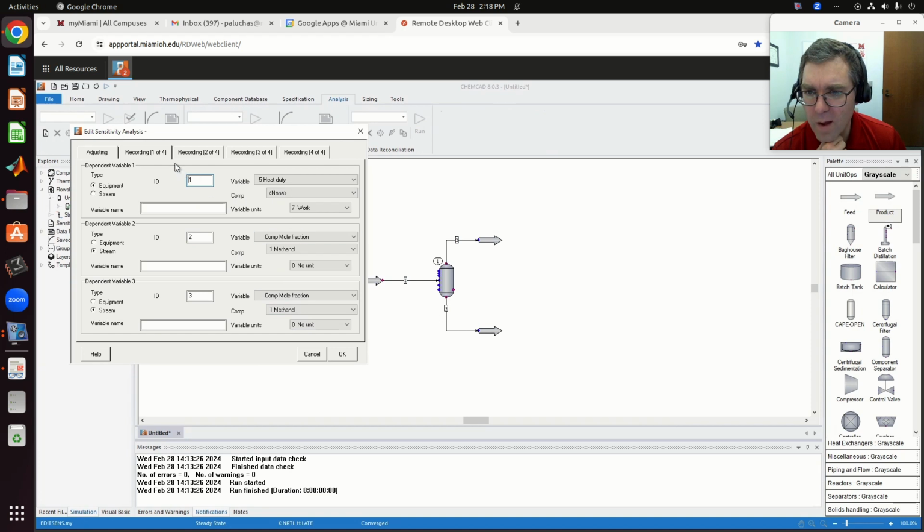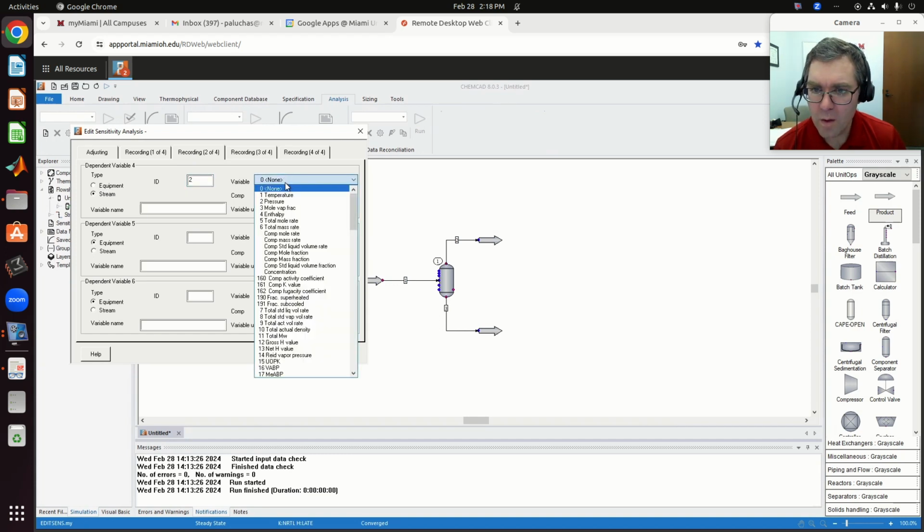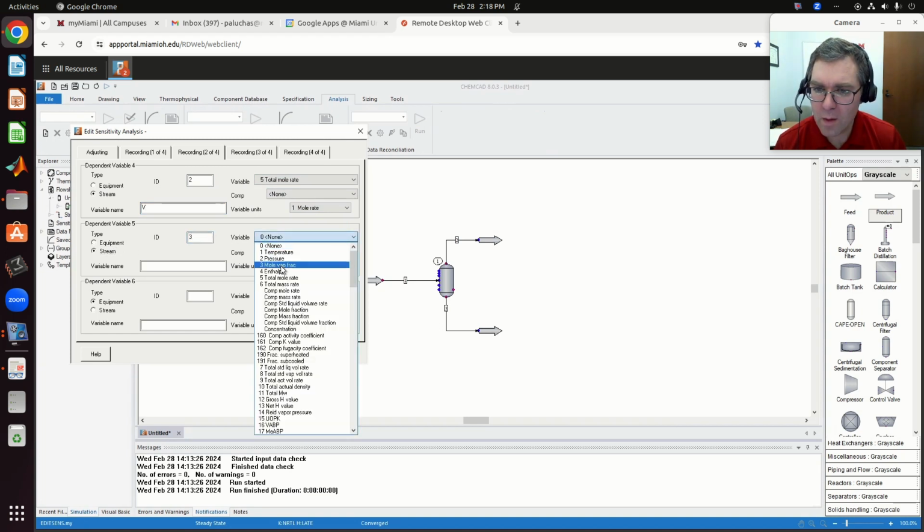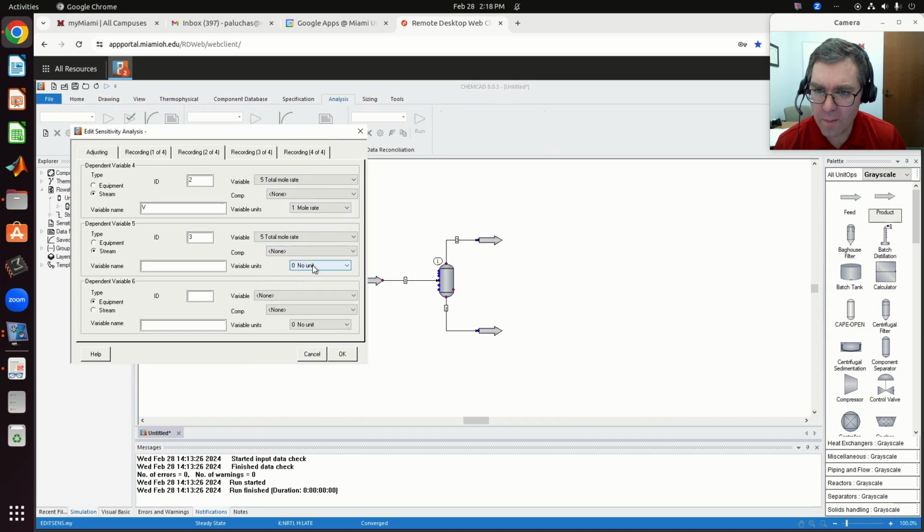Then they also asked, so go to recording stream from stream 2, we want the total molar rate. Total mole rate, that's a unit of mole rate, and that's going to be V. And then for stream 3, I want the total mole rate, and that's going to be L.